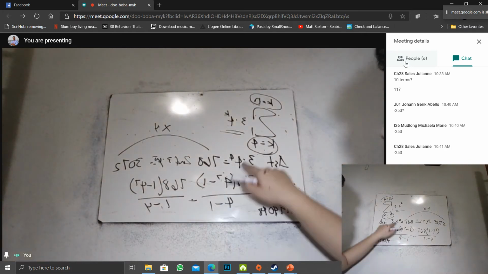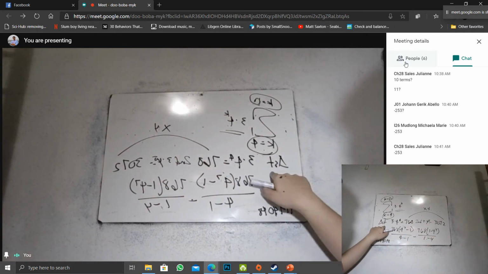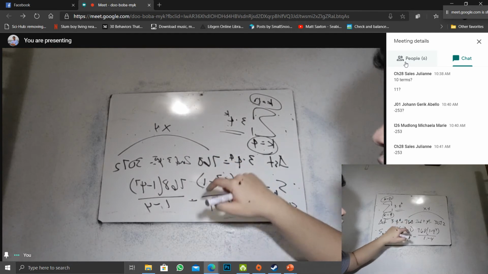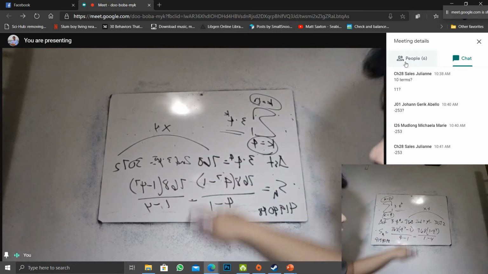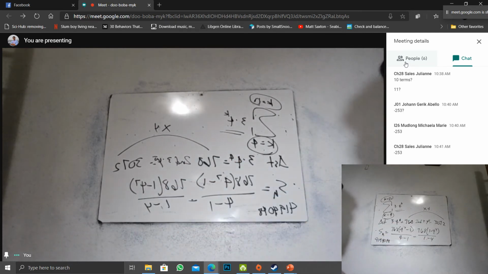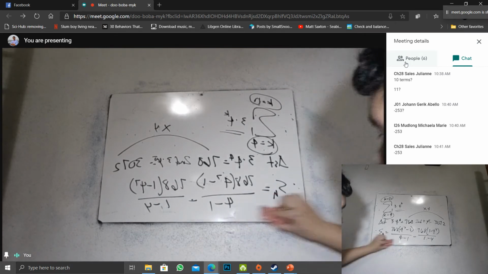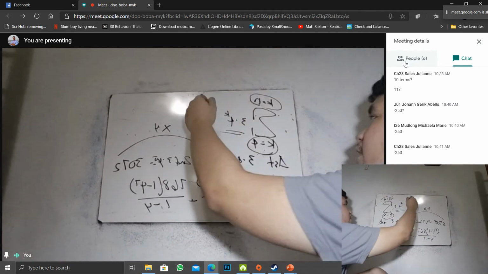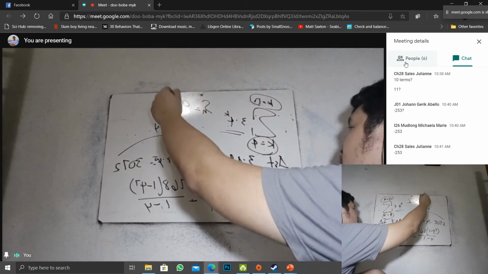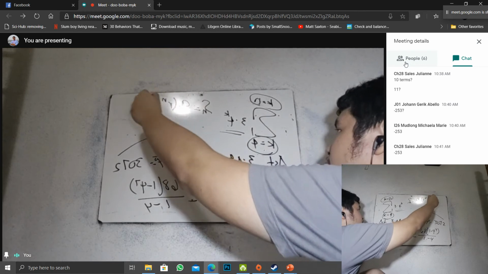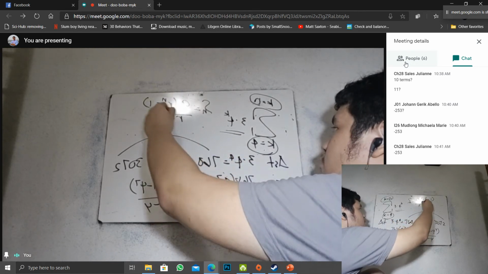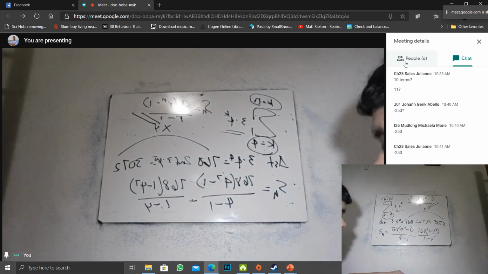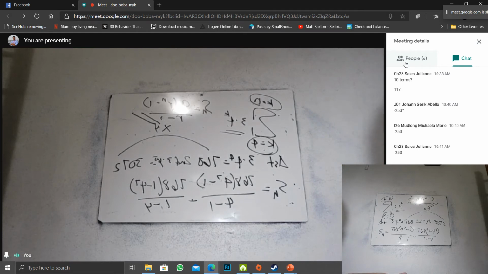Yung common ratio is just the two successive terms, divide mo sila, so makukuha mo times 4. Yun yung common ratio. Ano ulit yung sum of terms natin? S of n equals a sub 1 times r raised to n minus 1 over r minus 1. Yun na yung formula. So, i-substitute lang natin doon.